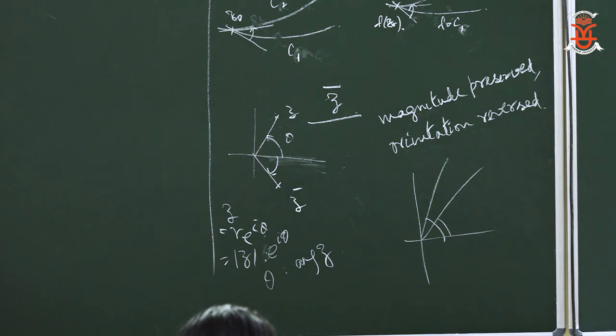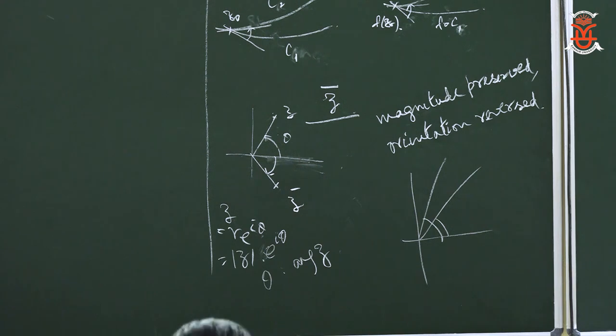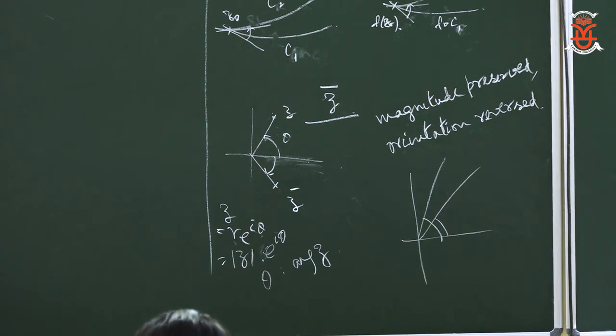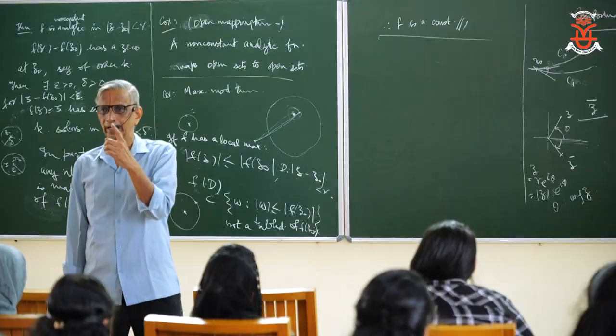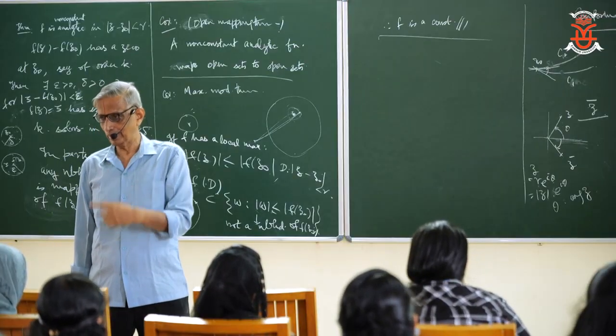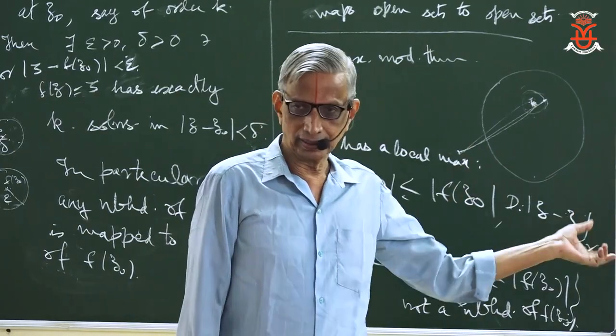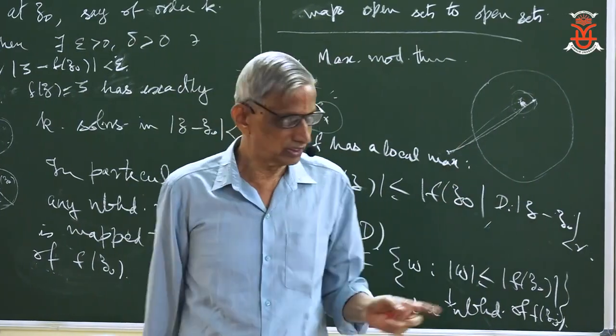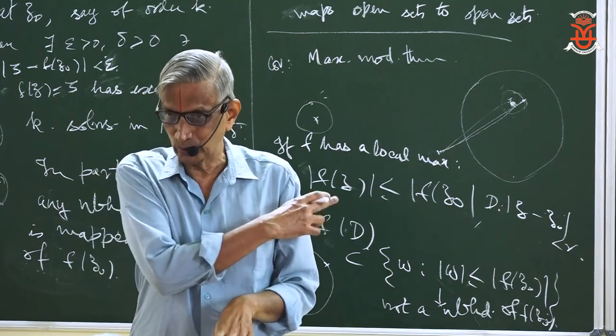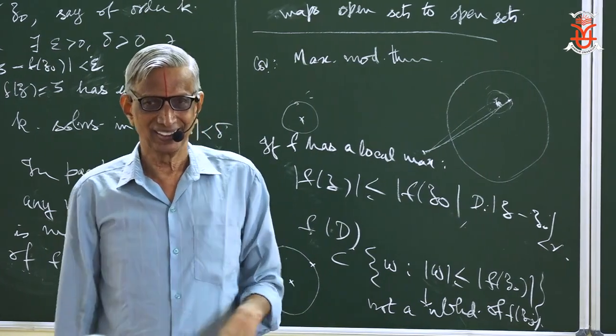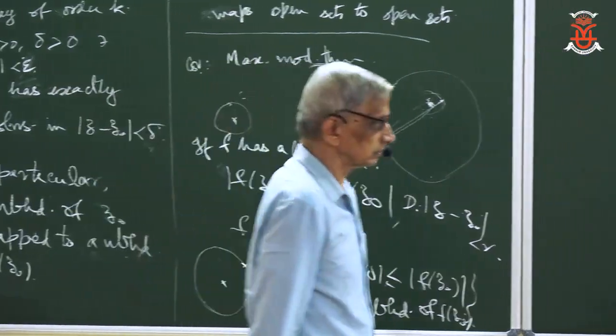Of course, the argument of z1 z2 is what? R1 e to the i theta 1, R2 e to the i theta 2. The product is going to be R1 R2 e to the i (theta 1 plus theta 2). So the argument of a product is the sum of the arguments. Of course, argument makes sense only for non-zero complex numbers, otherwise it's not defined.